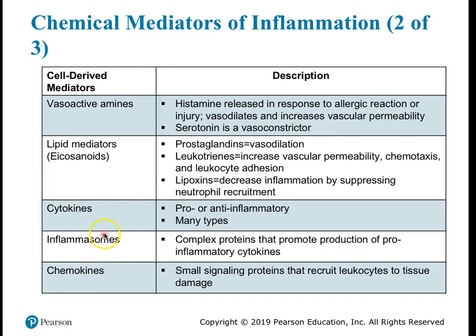Here we have the lovely tables once again. So you have vasoactive amines like histamine. You have lipid mediators like prostaglandins. You have cytokines, which we'll talk more about, and prostaglandins will also be talked more about when we talk about chronic. Inflammasomes and chemokines I'm not going to talk about right now.